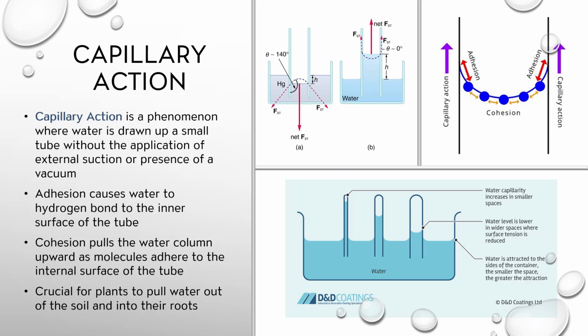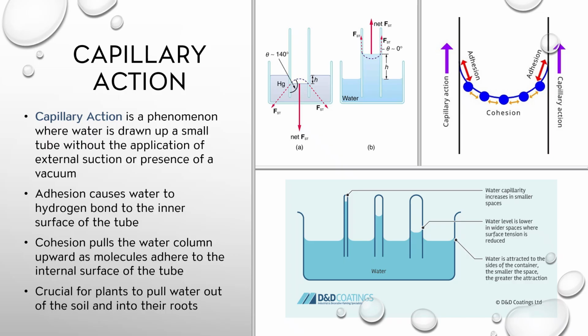And that's important because this phenomenon is crucial for plants to be able to pull water out of the ground and into their roots. If you've ever looked at a root and you try to keep it as intact as possible, you'll notice that roots look hairy. And those little hairs actually have little tiny cellular hairs on them too. And they're these really, really tiny cellular tubes that suck water out of the soil passively using capillary action.